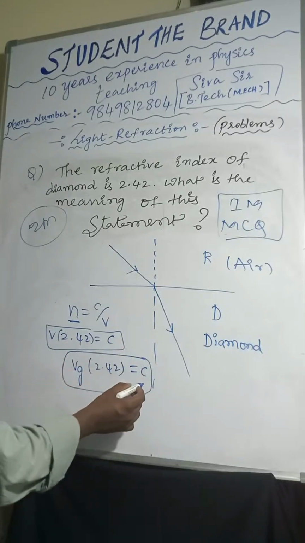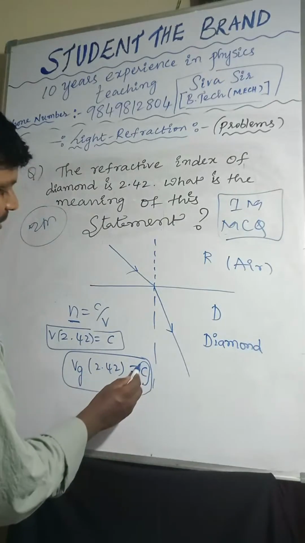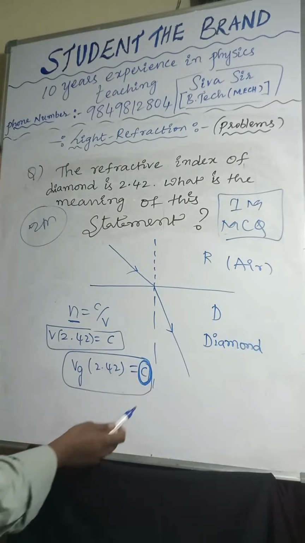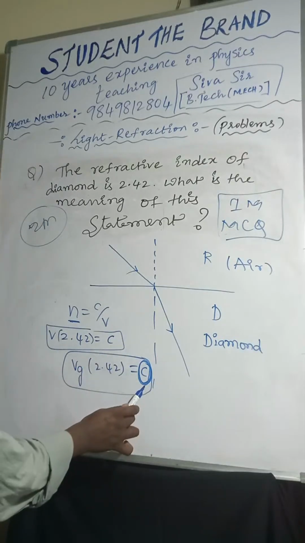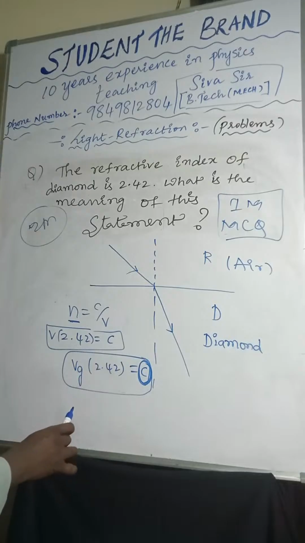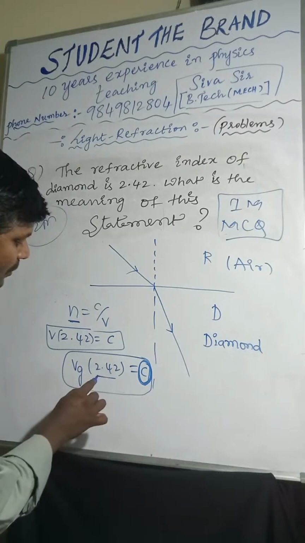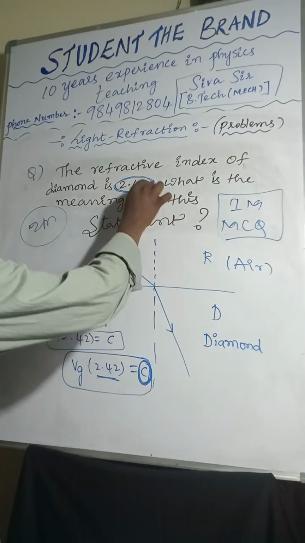Which one is greater? This is the greater one. Speed of light in air is always greater than in diamond. So the speed of light in air is 2.4 times greater than in diamond. We have to take the definition like this: 2.42 times, whatever value is given in the question.